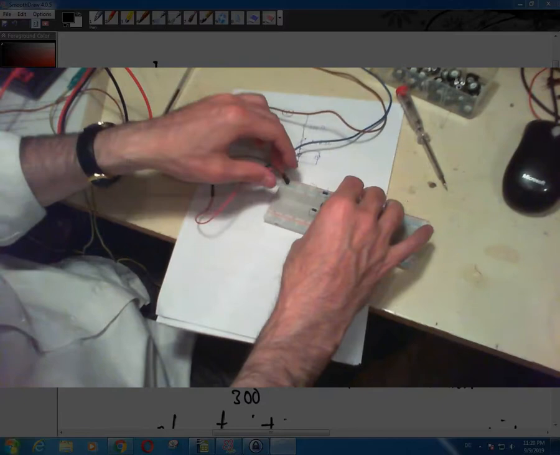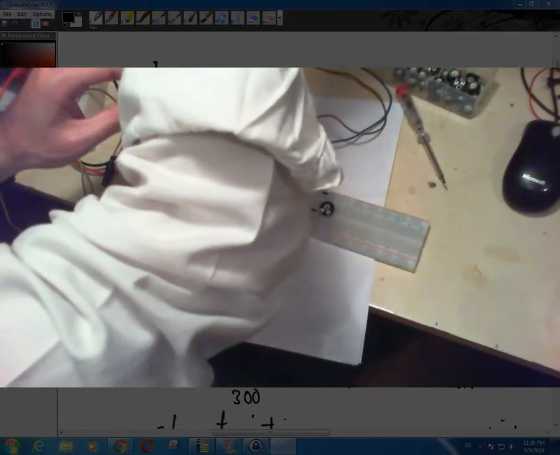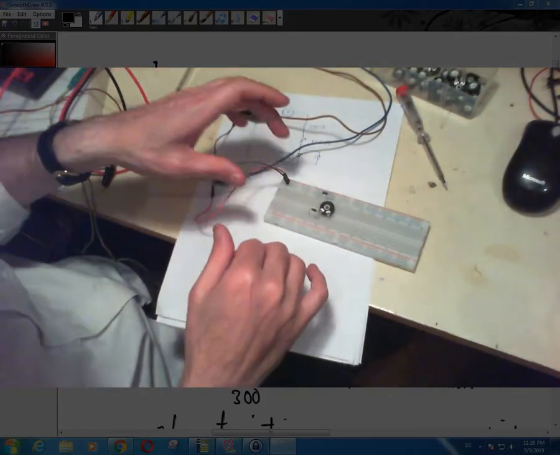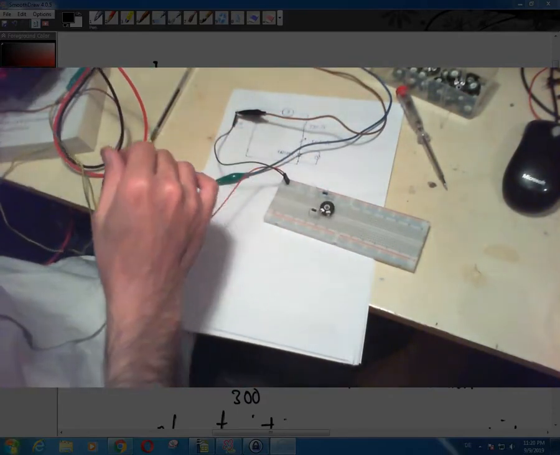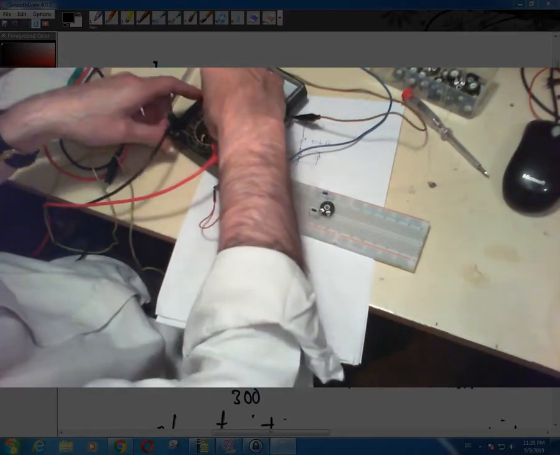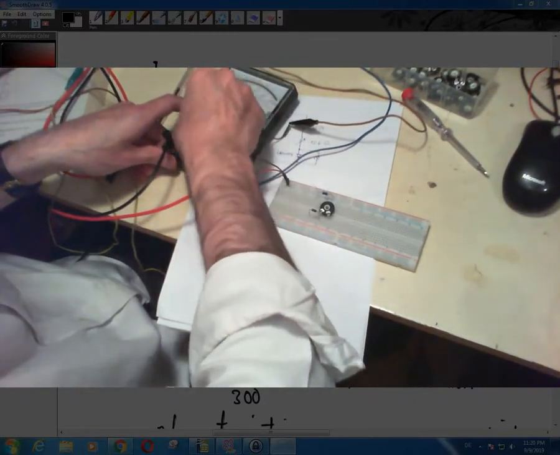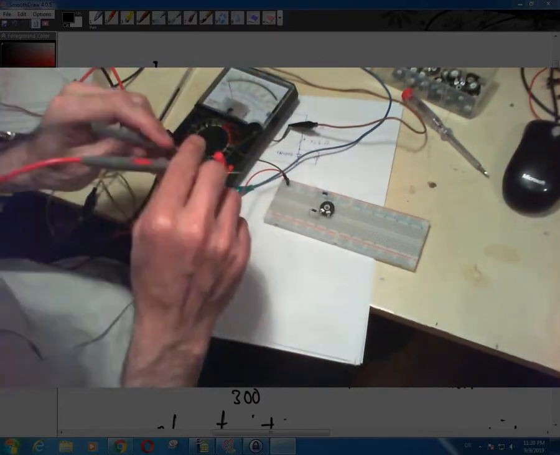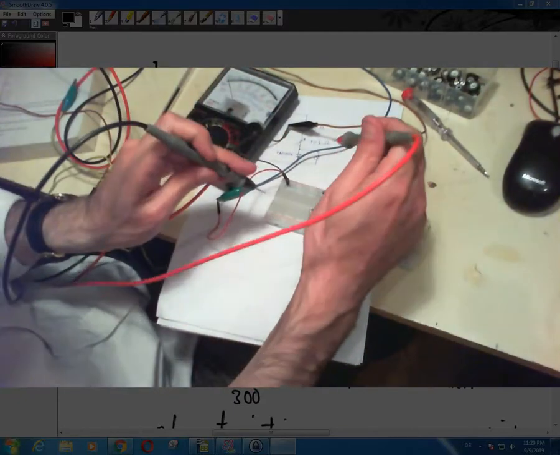Now if I actually connect the power supply, I will be able to read the power supply on my multimeter, which is this thing over here, if I set this to DC volts and positive and negative.